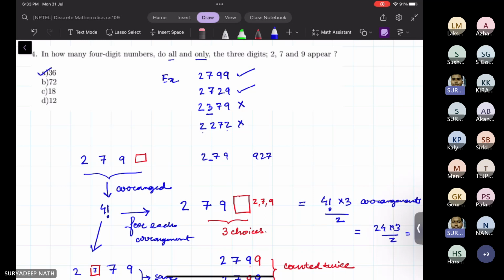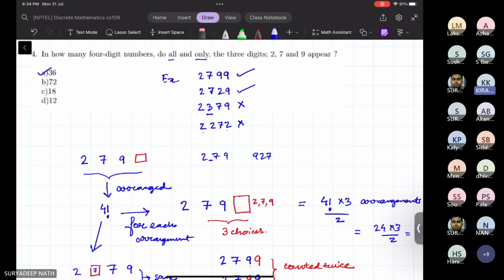Someone has said, if we choose 3 factorial ways to arrange, then we also have 3 places out of 4, which makes it 3 factorial into 4C3. Can you just unmute and say what you are trying to say here? No, sir. Here, for the fourth digit, three numbers are there.